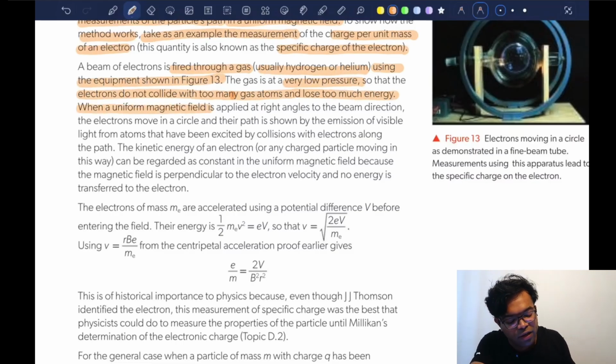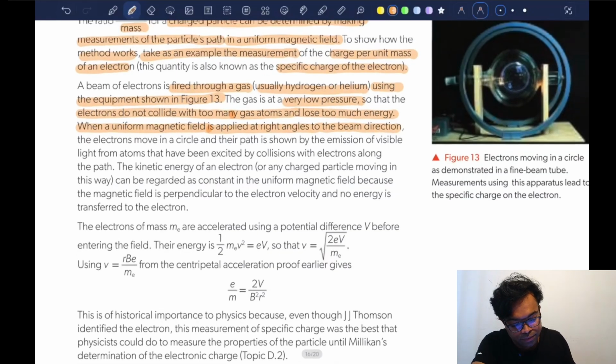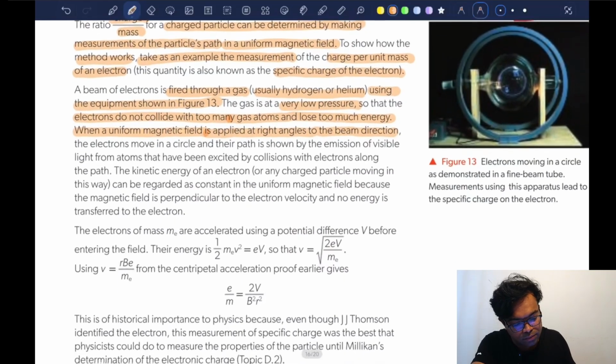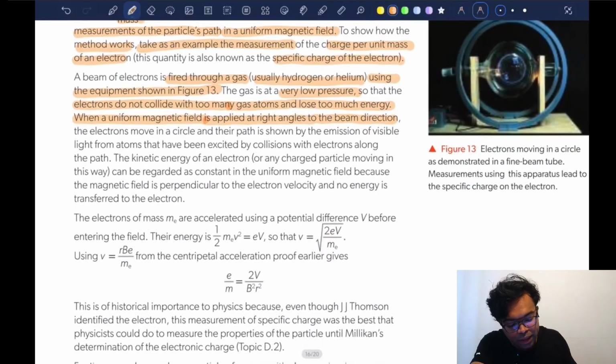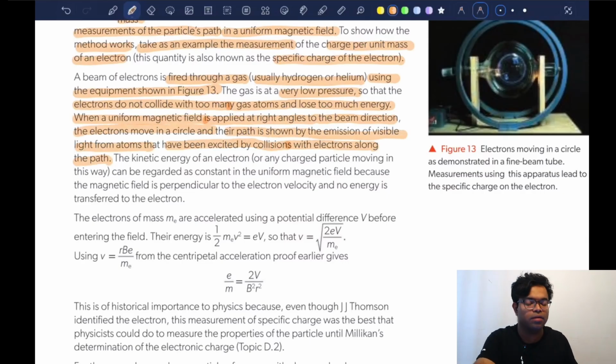When a uniform magnetic field is applied at right angles to the beam direction, the electrons move in a circular path, and their path is shown by the emission of visible light from atoms that have been excited by the collision with electrons along the path. So what is happening here?